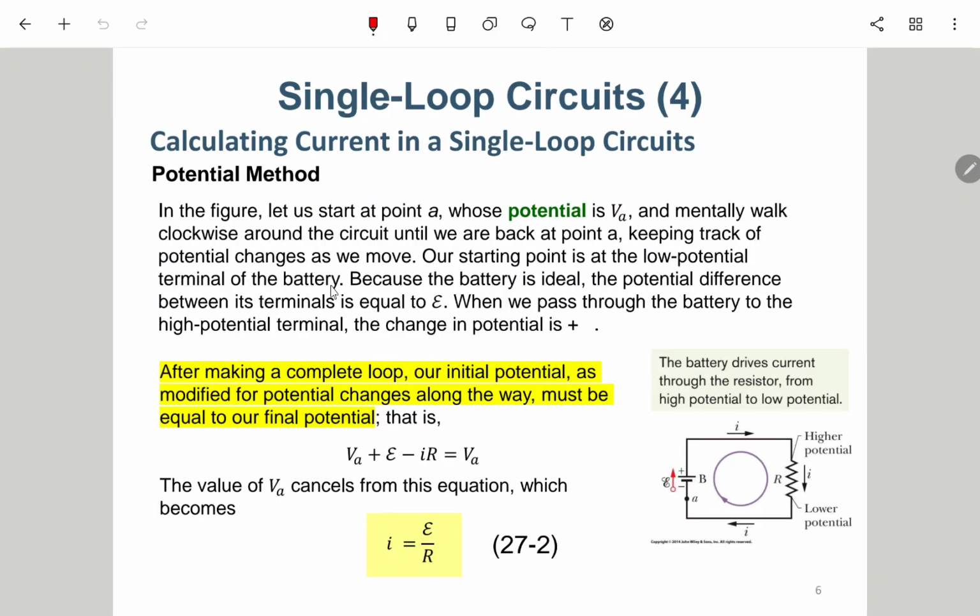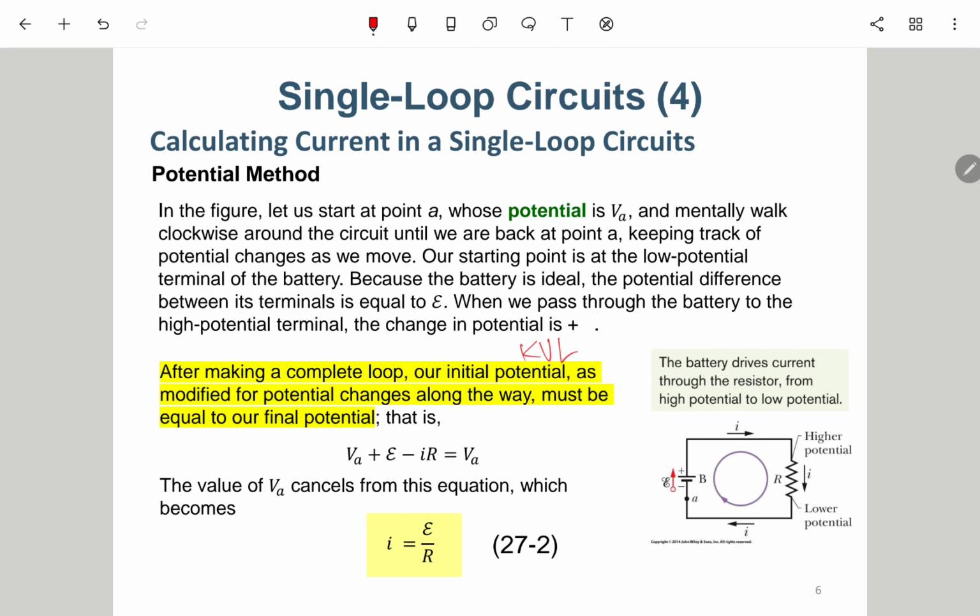Finally we have a potential method, where we introduce something called KVL, the Kirchhoff voltage law.